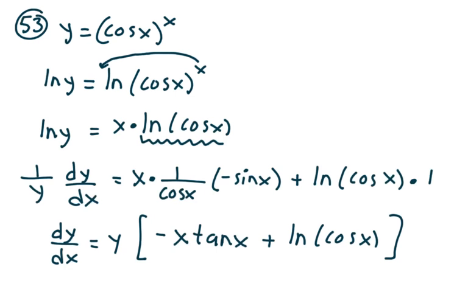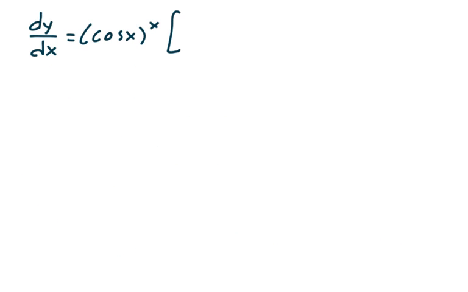So dy/dx is cosine x to the x times the quantity negative x tangent x plus, and then I believe it's natural log of cosine x. So let me write that down. And there we go. That's problem number 53.